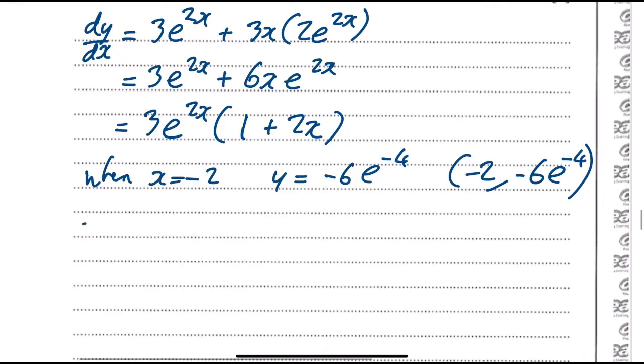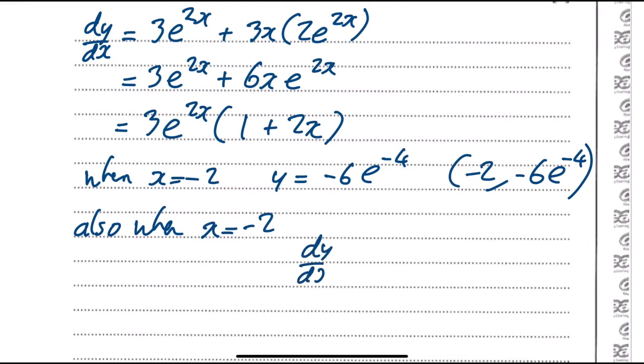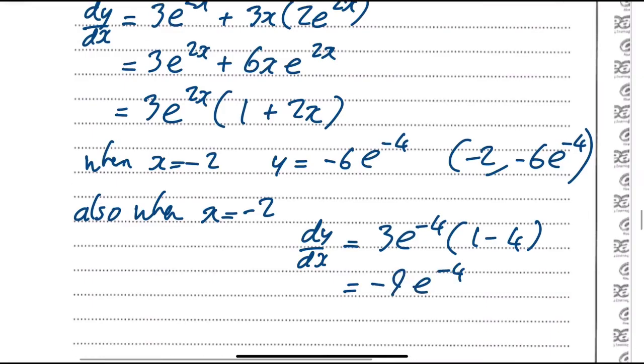Okay, and also, just say when x equals minus 2, your dy by dx equals 3e to the minus 4, and then 1 minus 4, so that's going to be minus 3 times 3, which is minus 9e to the minus 4.